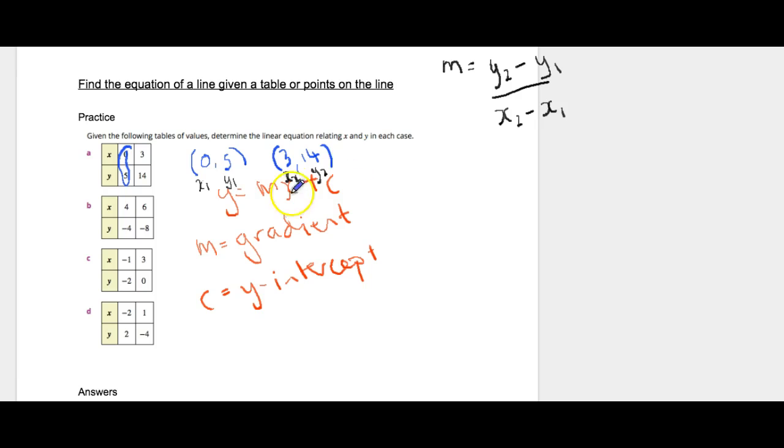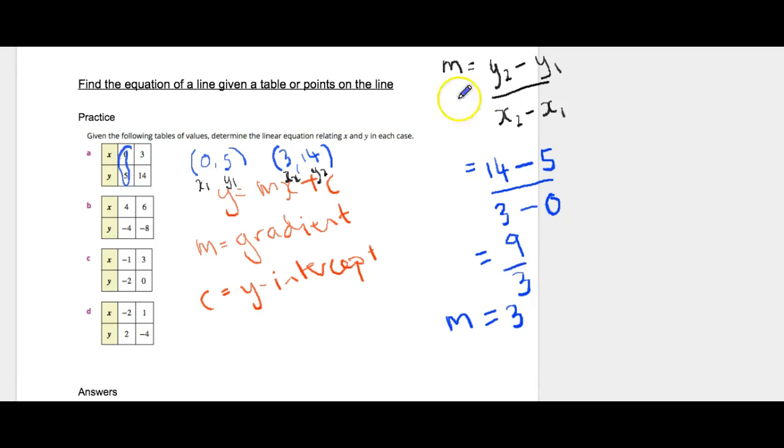Okay, so y2 is 14, y1 is 5, over x2, which is 3, minus x1, which is 0. So 14 minus 5 is 9, 3 minus 0 is 3, so 9 divided by 3 is 3. So it means the gradient is 3.